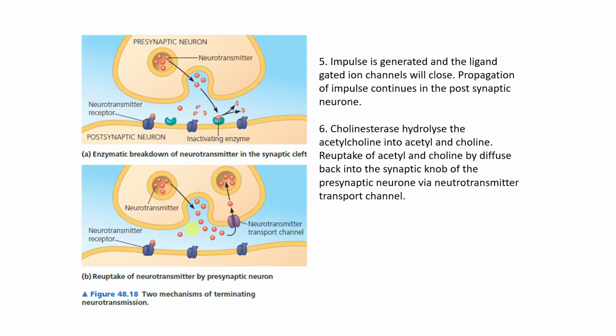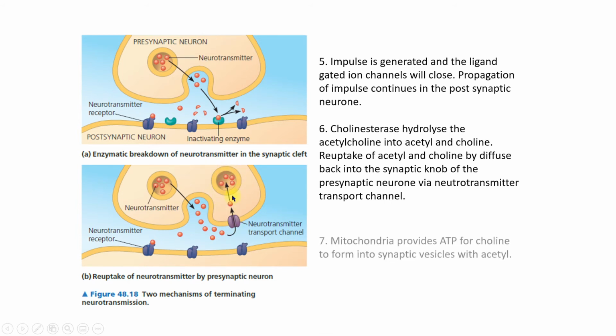So reuptake of this acetyl and choline is done by simply diffusing back into the synaptic knob of the presynaptic neuron via the neurotransmitter transport channel. You can see this neurotransmitter transport channel. So the acetyl and choline will be reuptaken by diffusing through this neurotransmitter transport channel into the presynaptic neuron.